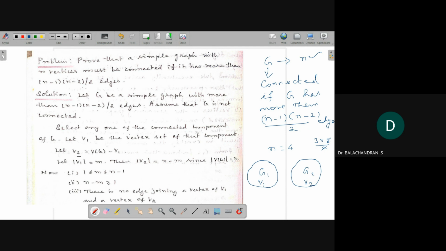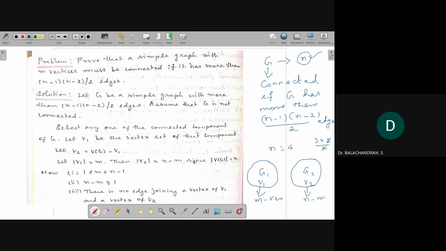V2 is the total set of vertices minus V1. Now I will take the cardinality of V1. In G1 we have m vertices; the total number of vertices is n, so G2 has n minus m vertices.